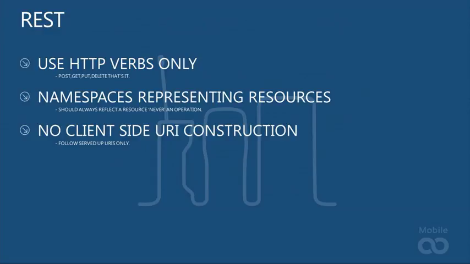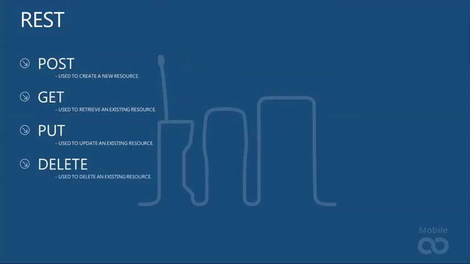So looking at REST, we'll just go through each of these points a bit. With REST, one of the big things is using the HTTP verbs only. Everything you do when designing the application, as far as the namespace of your web services, should be reflecting entities in your business layer.